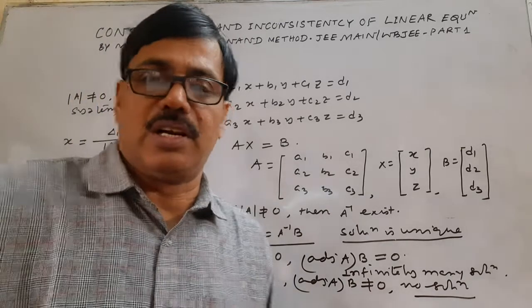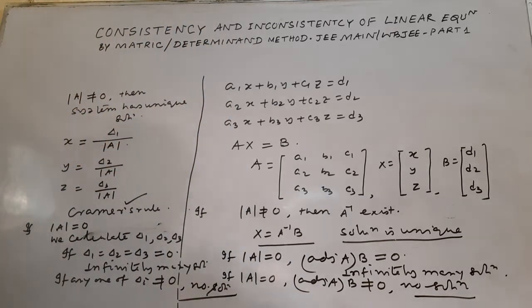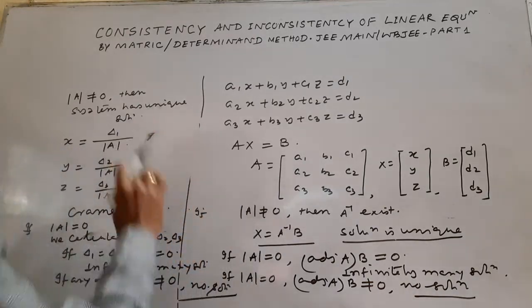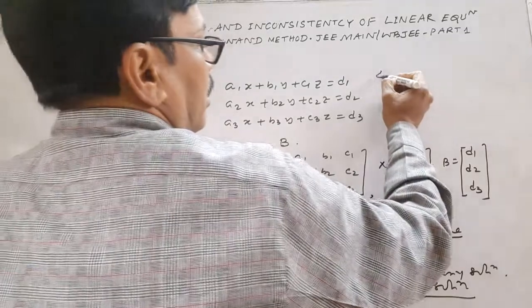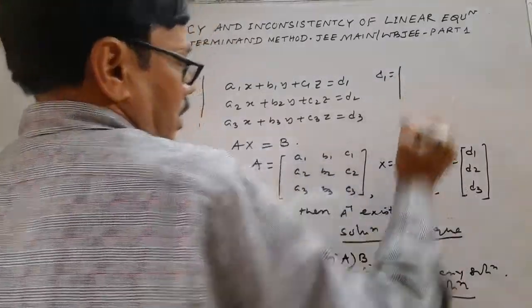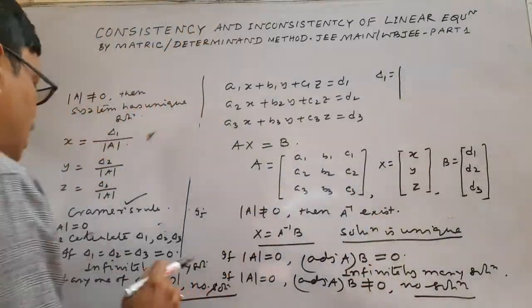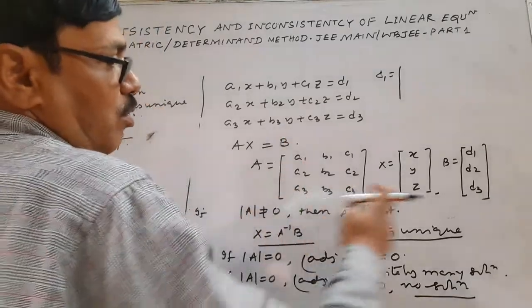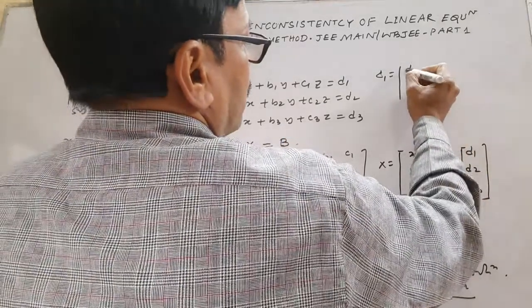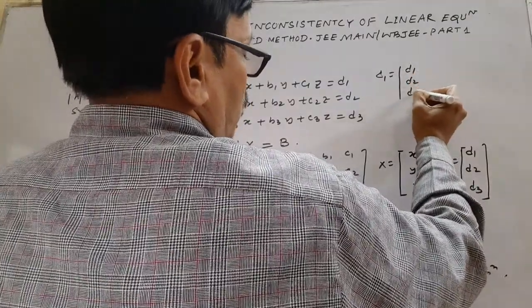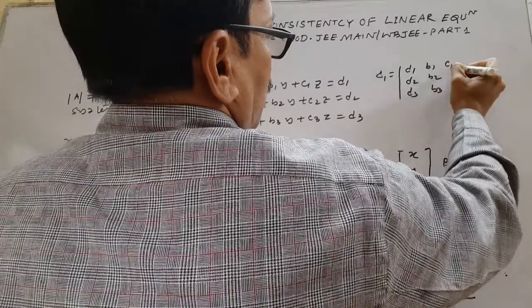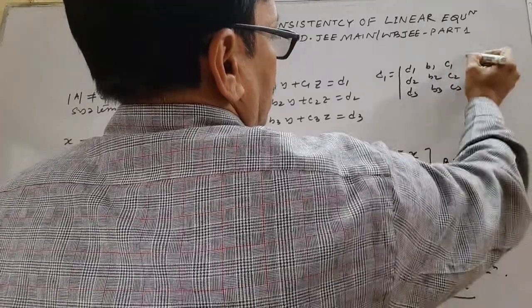Now what is delta 1? Delta 1 is a determinant obtained by replacing the first column of A by d1, d2, d3. So d1, d2, d3, b1, b2, b3, c1, c2, c3.